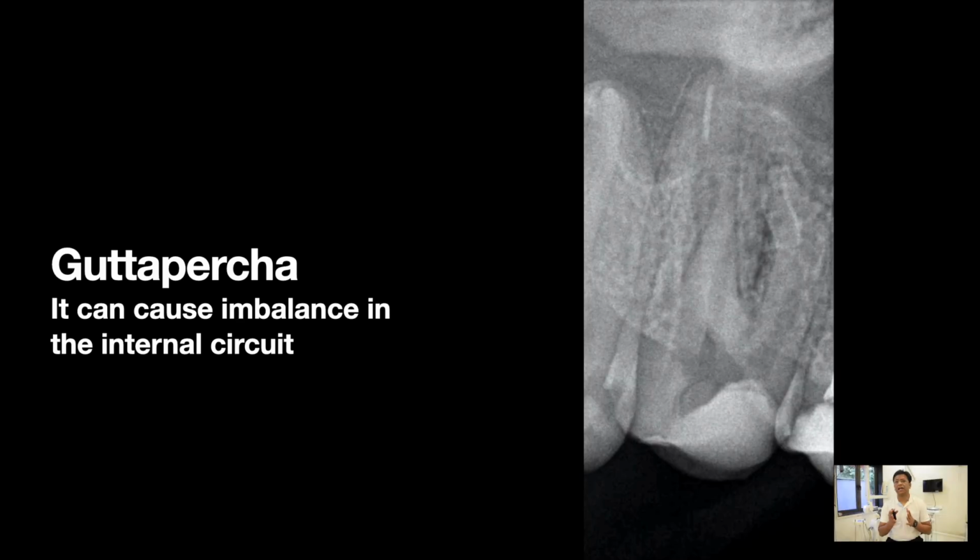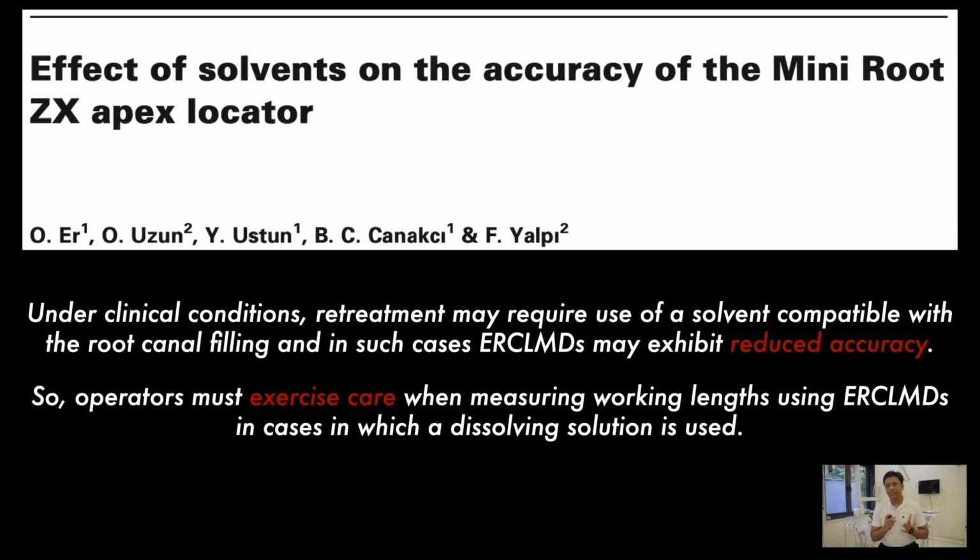Now another important factor that may alter the working length reading is gutta percha that remains in the canal. If there is some part of the gutta percha sticking on the walls, there is a possibility that the electric circuit may not get completed and the apex locator may give jumps in readings. Now when I was doing a lot of research, I came across one article which mentioned that when we are using gutta percha solvents in retreatment cases, the apex locators always give reduced accuracy.